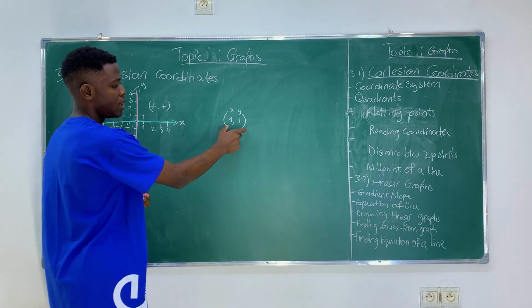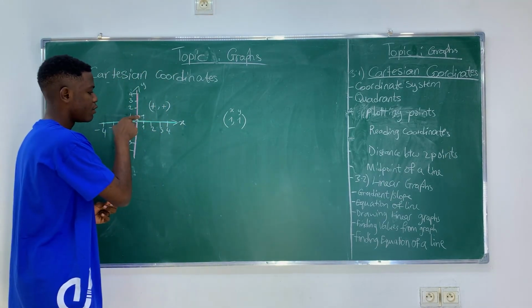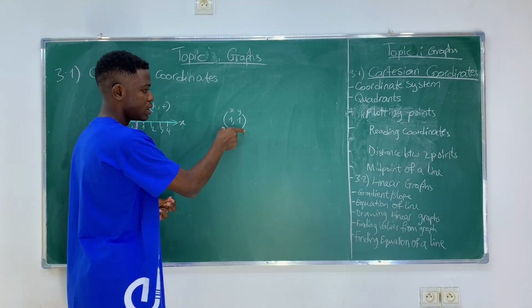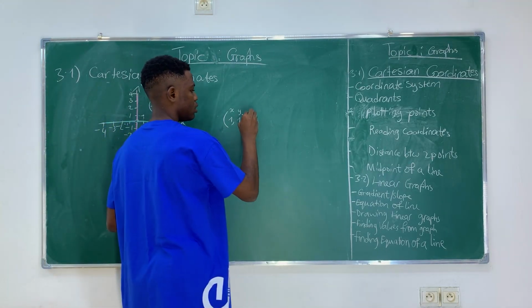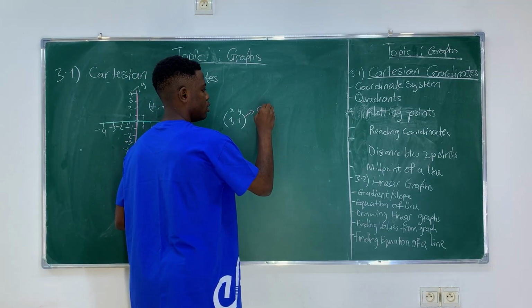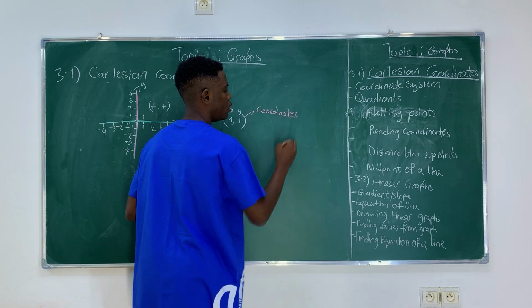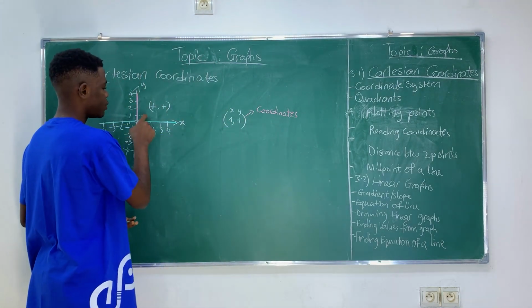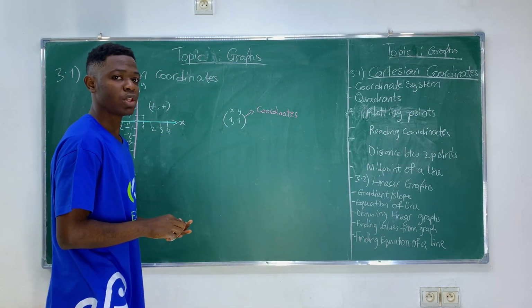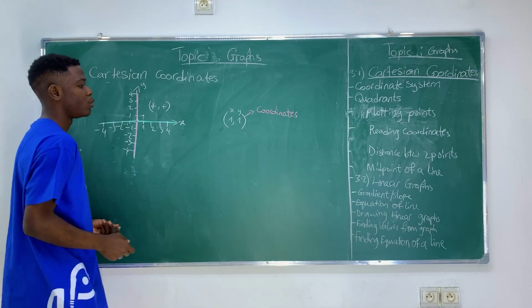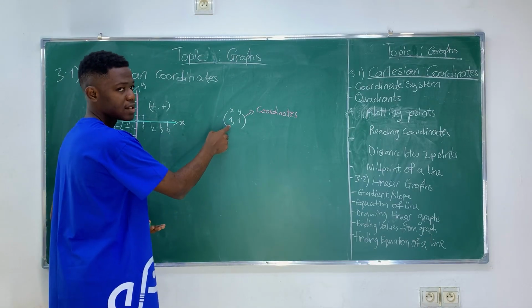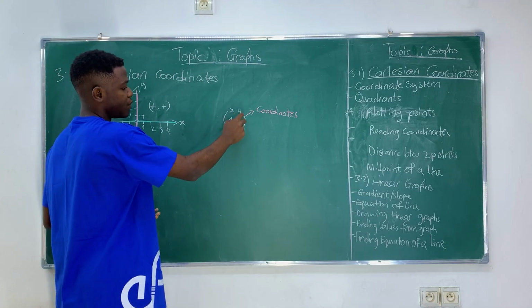These are the coordinates of this point. To give the coordinates of a point, you give first the coordinate on the x-axis and then its coordinate on the y-axis.